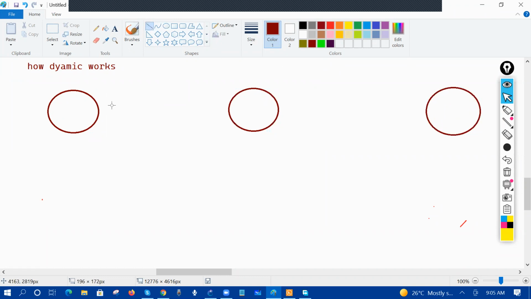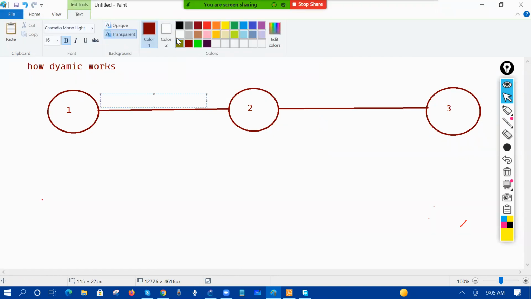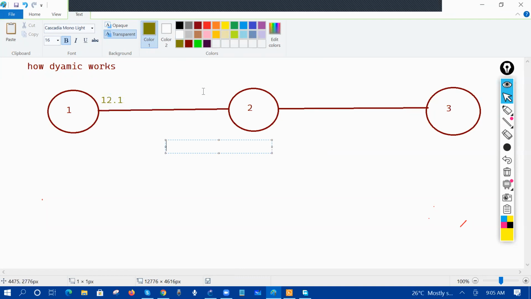Between R1 and R2 we have 12.1.1.0/24, and between R2 and R3 we have 23.1.1.0/24.